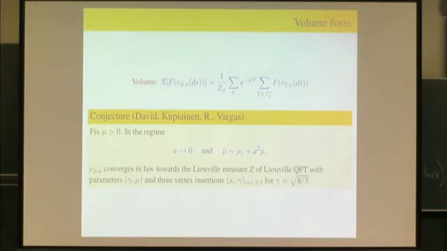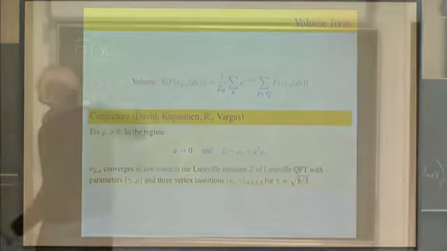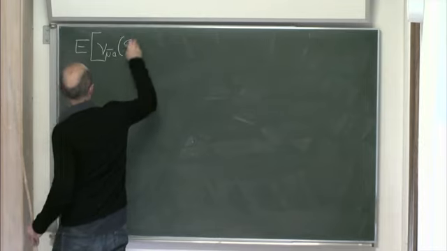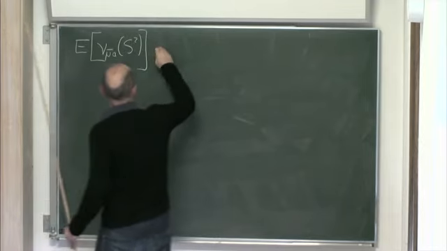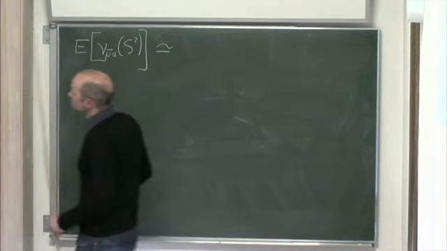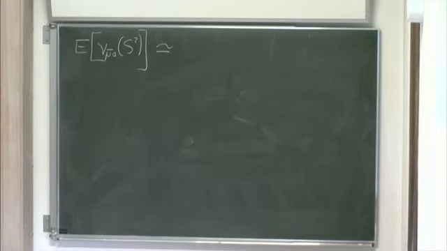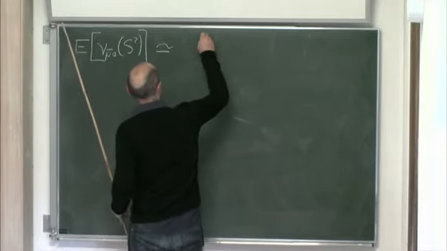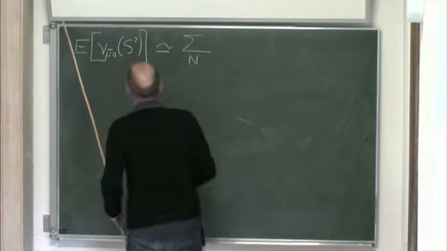So let's look at the expectation of mu a bar of the sphere. If you look at the volume, you have on each triangulation n faces and the mass a square on each face, so the volume is just n times a square.